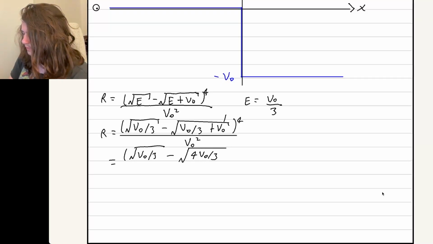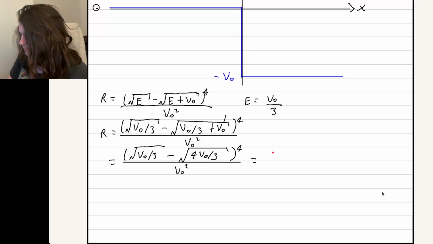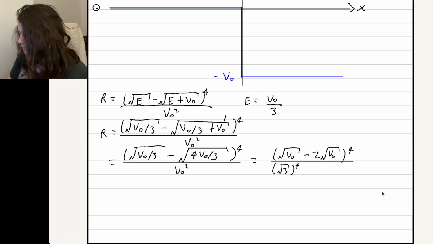We can factor out a square root of 1/3 from the parentheses, which means we'll have root V naught minus 2 root V naught, because the square root of 4 is 2, to the fourth, and then on the bottom we'll have root 3 to the fourth times V naught squared.